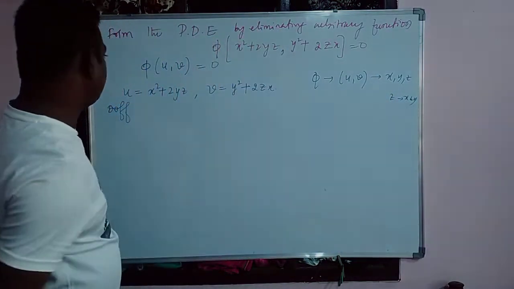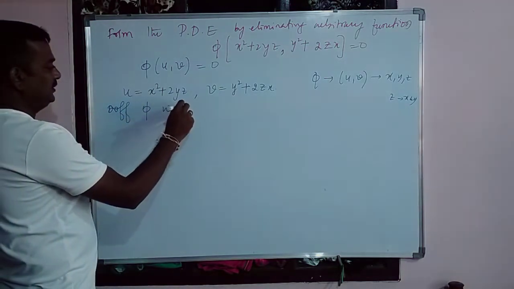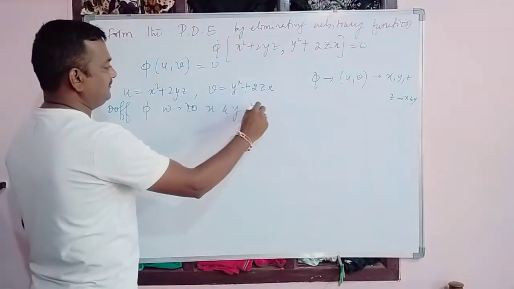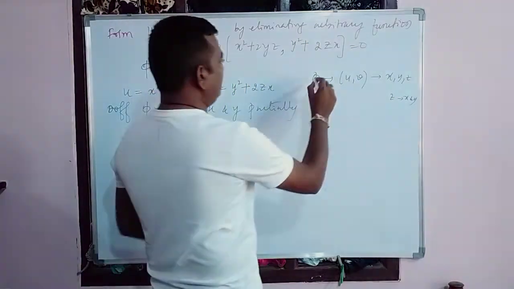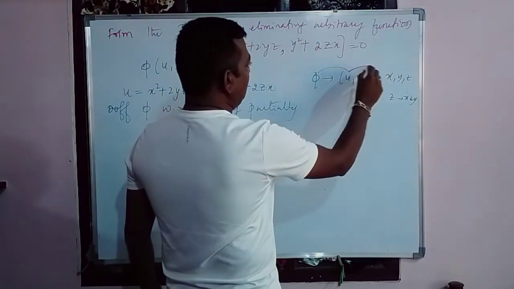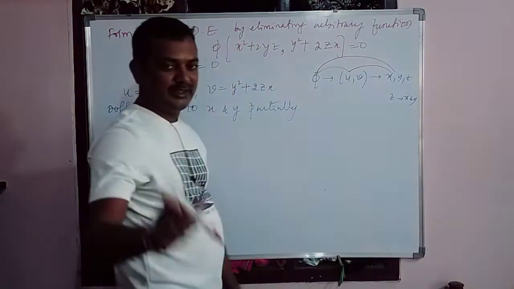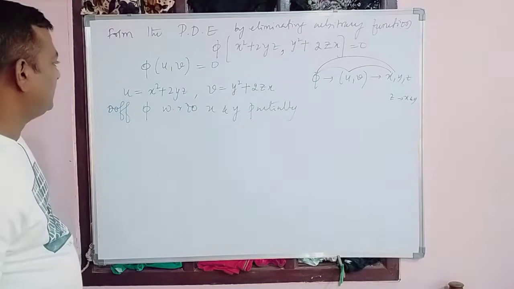There is so much relation here. So just differentiate phi with respect to x and y partially. Phi is a composite function of x and y, so we are using the partial differentiation of a composite function.